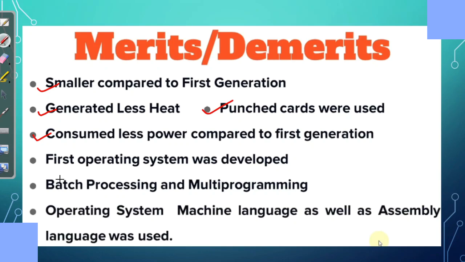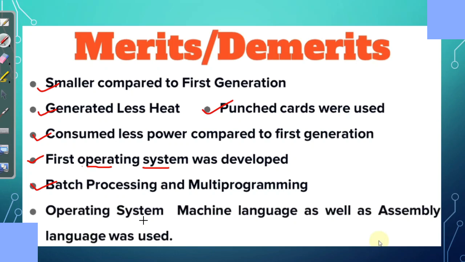The first OS was developed in the second generation. Now we are using operating systems like Windows 7, Windows 8 and so on. Under that, the first operating system was developed in the second generation computer. It had batch processing and multi-programming, so at a time you can use a program for two or more operations.